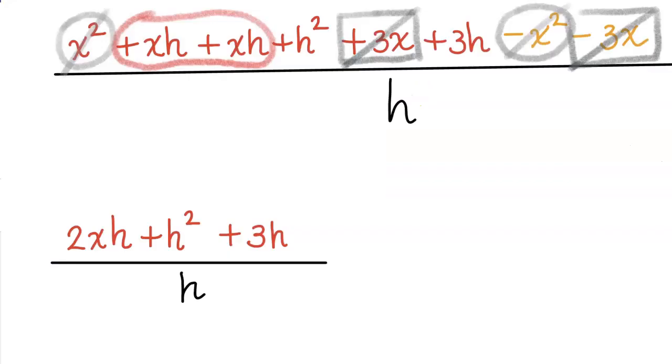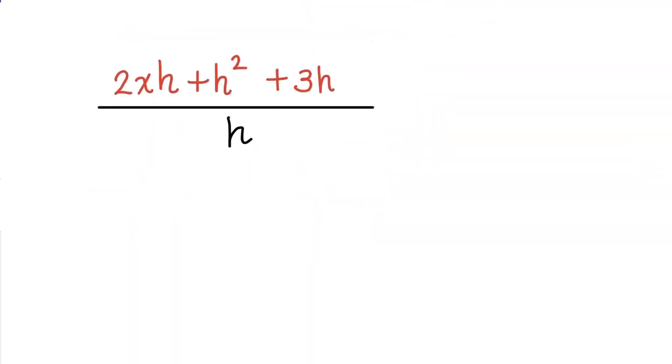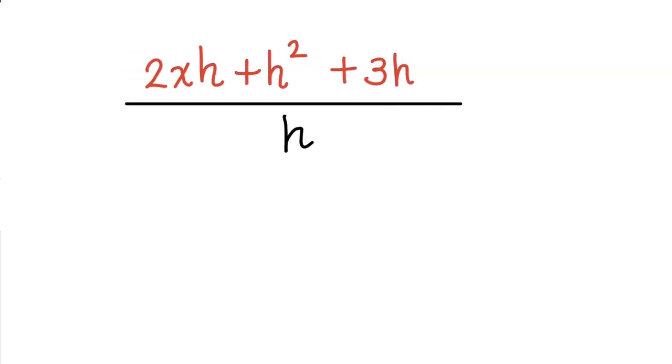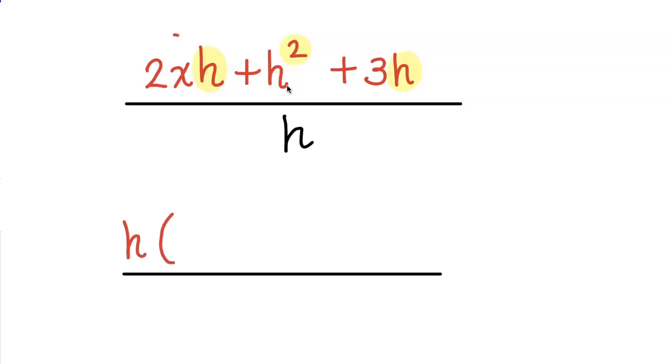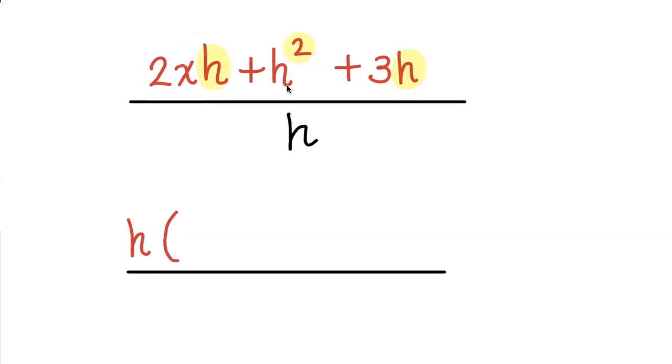When we simplify all these terms, all the terms on the numerator must have h so that we can factor it out to the front. So I am going to factor out all of their h's. Well, the middle one has h squared, so I'm just going to factor out one of them. So when you factor out the h to the front, let's see what's left. The first term, 2xh, will lose one of the h, so I will just have 2x.